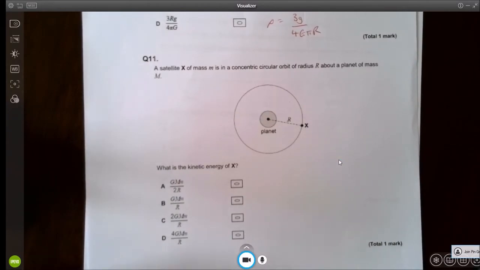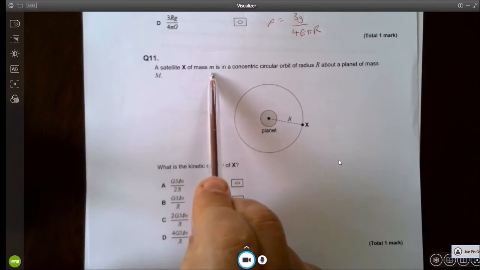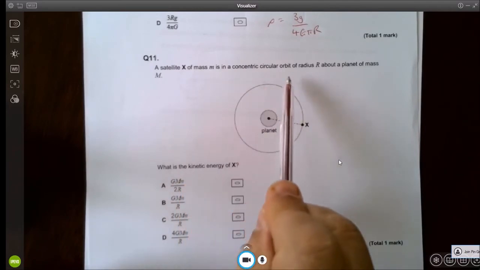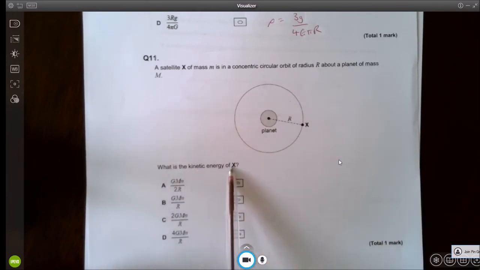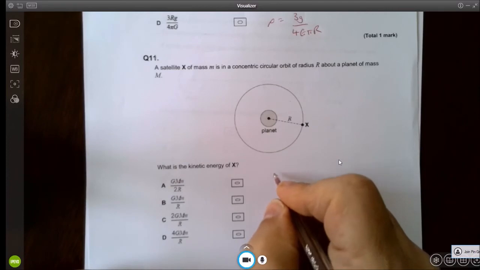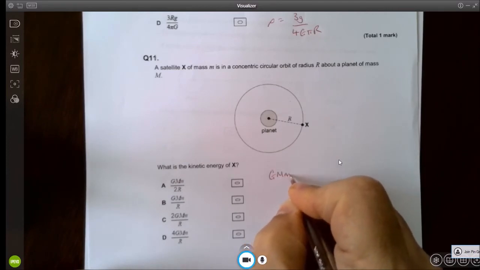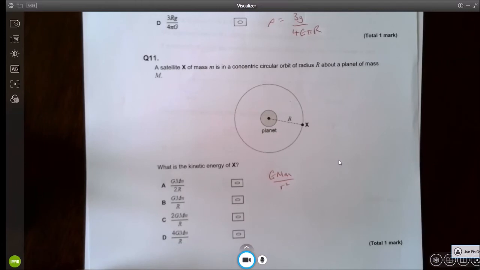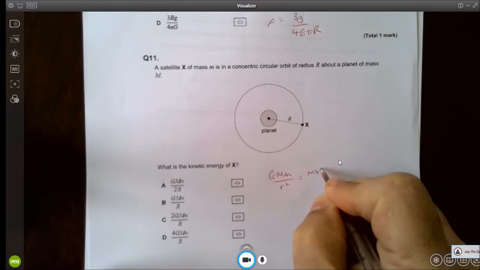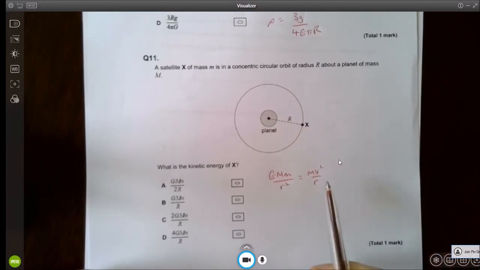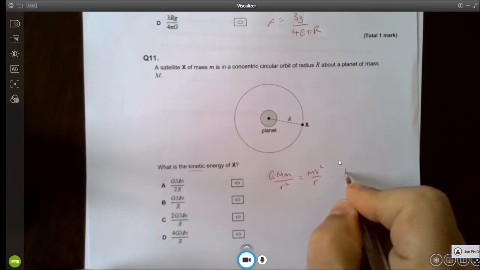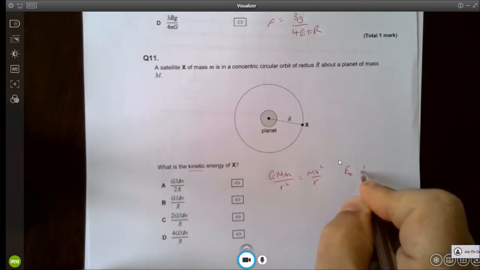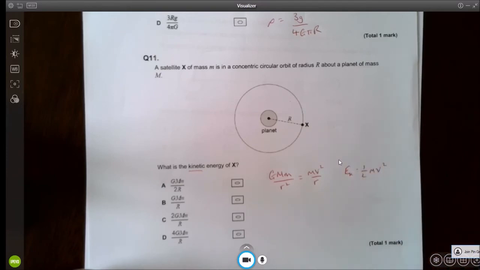Okay, question 11. A satellite X of mass m is in orbit around a planet of mass M, at radius r. What is the kinetic energy? So this is GMm over r squared. That's the force, equal to the circular motion mv squared over r, and we want to use the v squared one because as soon as we saw kinetic energy, we should have thought that the kinetic energy Ek is a half mv squared.